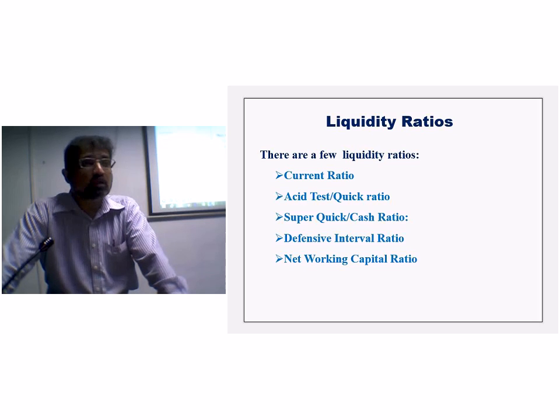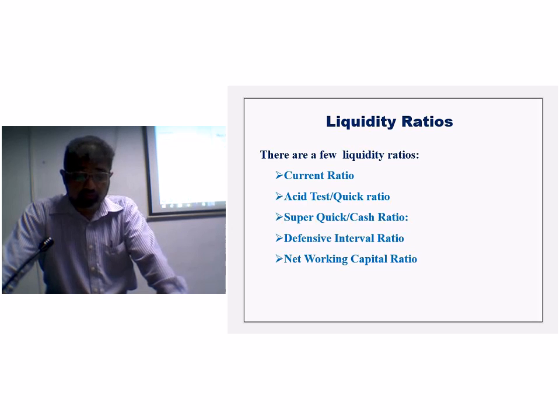All other liquid assets like cash and short-term treasury bills are under the super quick ratio, right? Then you can see the defensive interval ratio and net working capital also. But we can discuss one by one, right?